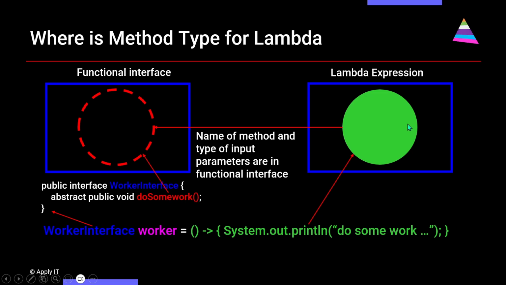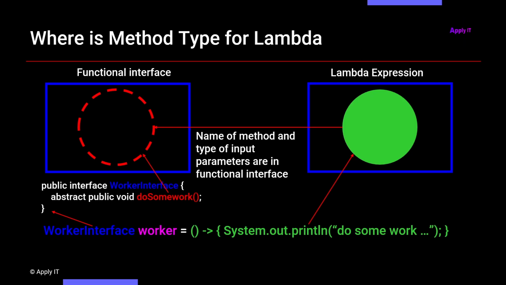So basically the method implementation is in the lambda expression, and the method signature or method header is in the functional interface. In other words, the data type, or simply the type, of any lambda expression is a functional interface which has only one abstract method.